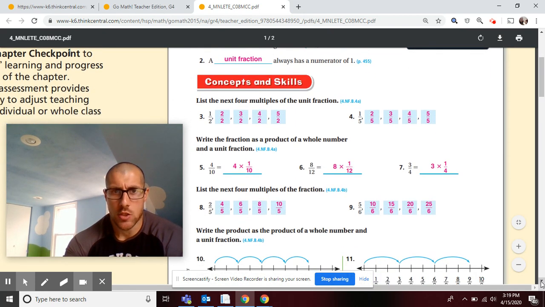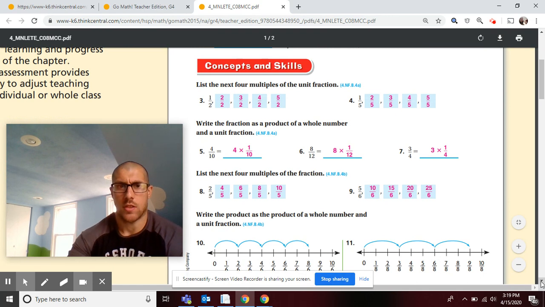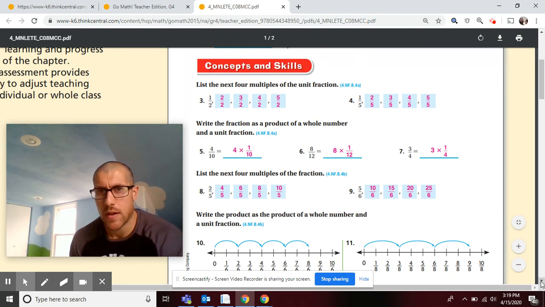Now, always make sure to follow the directions, especially for numbers 5, 6, and 7. When you are asked to write a fraction as a product of a whole number and a unit fraction, remember, what does the word product mean? Exactly, the answer to a multiplication problem.